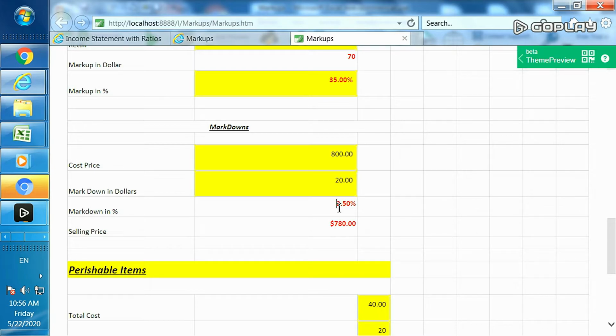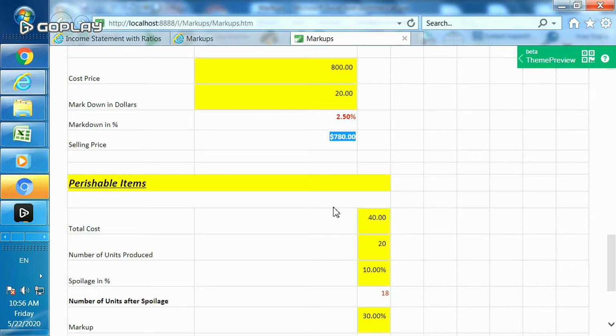Okay, so as you can see over here, this calculator automatically figures out your final retail price and tells you what the markdown in percentage was, which is 2.5%.